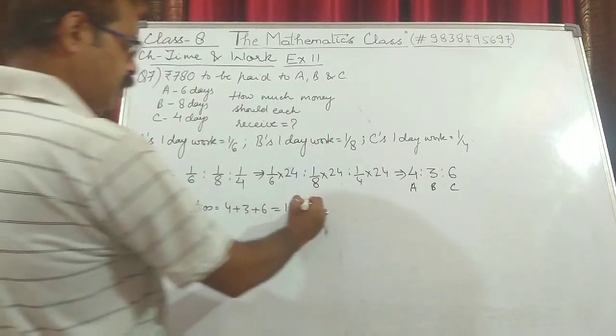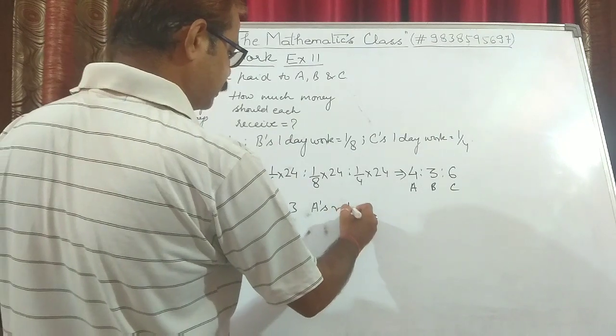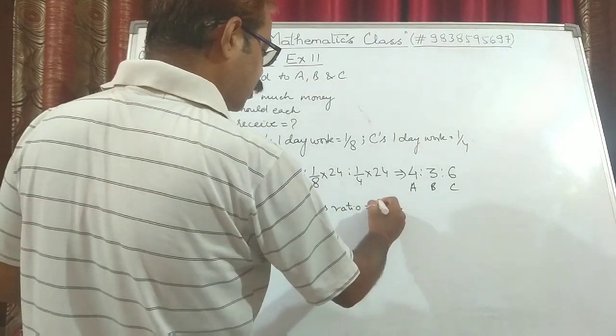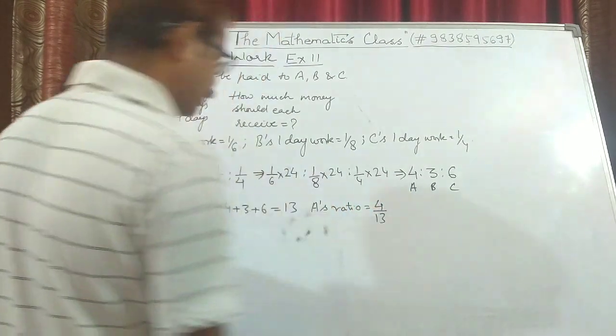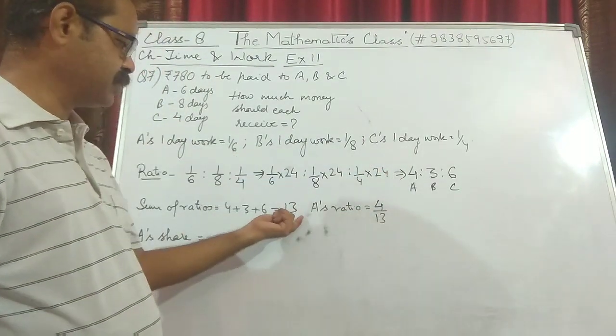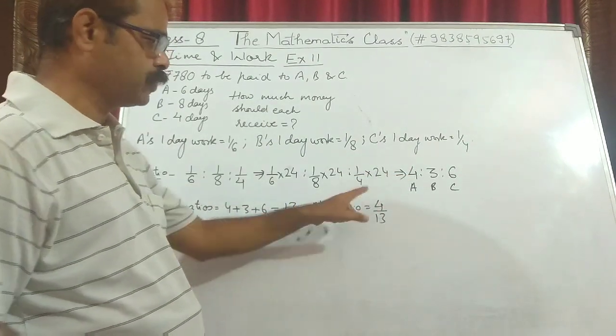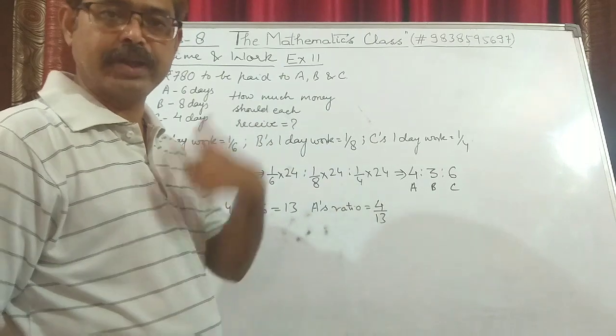A's ratio will be 4 upon 13. He should get, according to his efficiency, total efficiency is 13 and A's is 4. So A's share will be 4 upon 13 of the total.